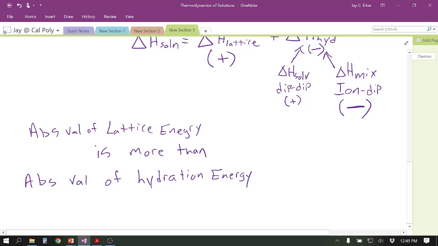Sometimes they say hydration first, sometimes lattice first. But because we're in this particular case of a solid dissolving in water, we can specifically say, look, we know if the absolute value of lattice energy is more than the hydration energy, this thing is a bigger positive than this thing is negative, my delta H of solution is going to be positive.